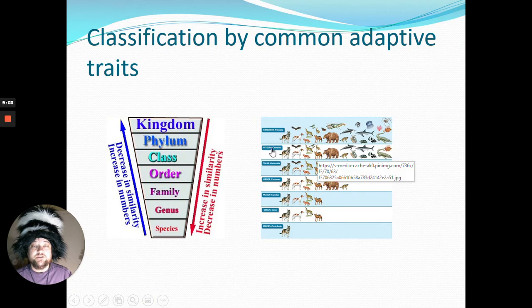And when you get more specific, here you have phylum, well, you have fewer in each phylum and then fewer in each class, so there are fewer mammals than there are Chordata, things with spinal cords, because all mammals have spinal cords, but not all things with spinal cords are mammals, right? So it just gets more and more specific. That's kind of all you really need to know at this point.